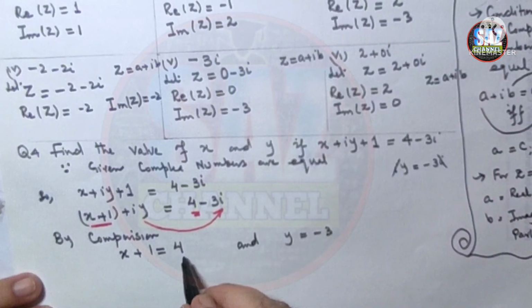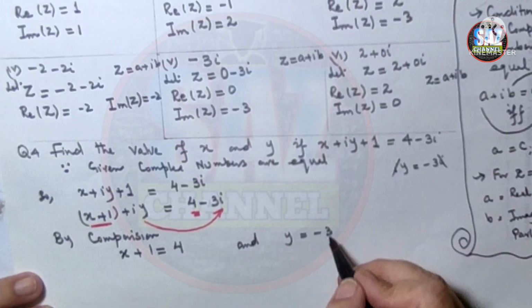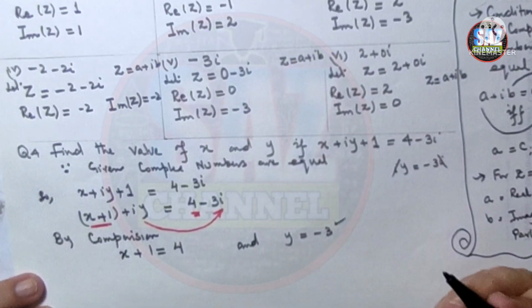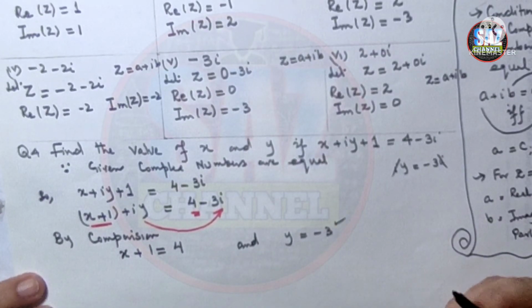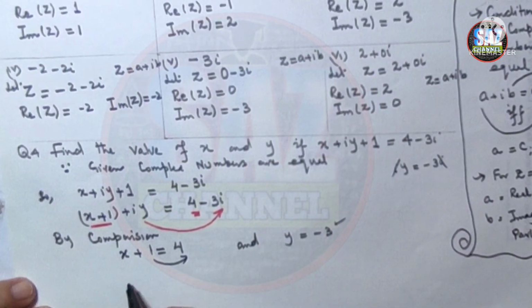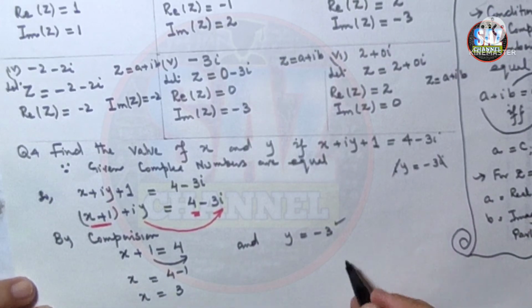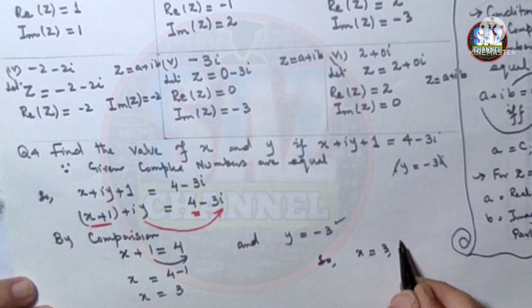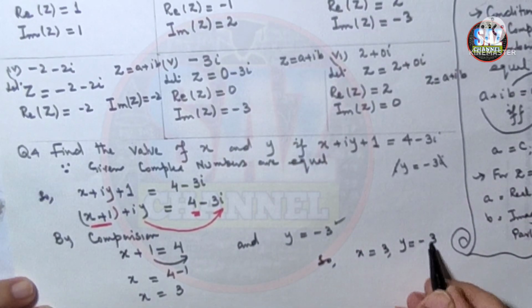This is giving us that real equals real and imaginary equals imaginary part. Now you can see that the value of y is already given, but for the value of x we can shift 1 to the other side, and x equals 3. So x equals 3 and y is equal to minus 3.